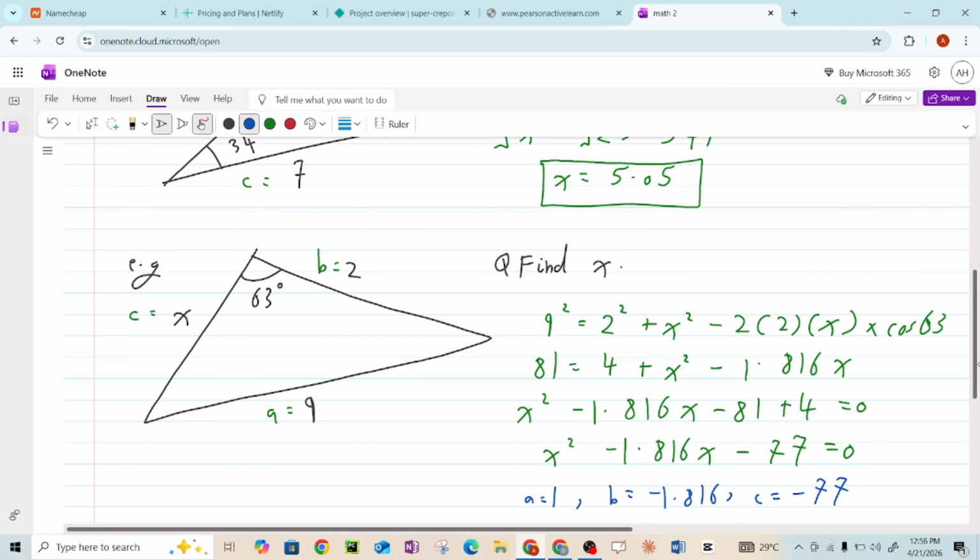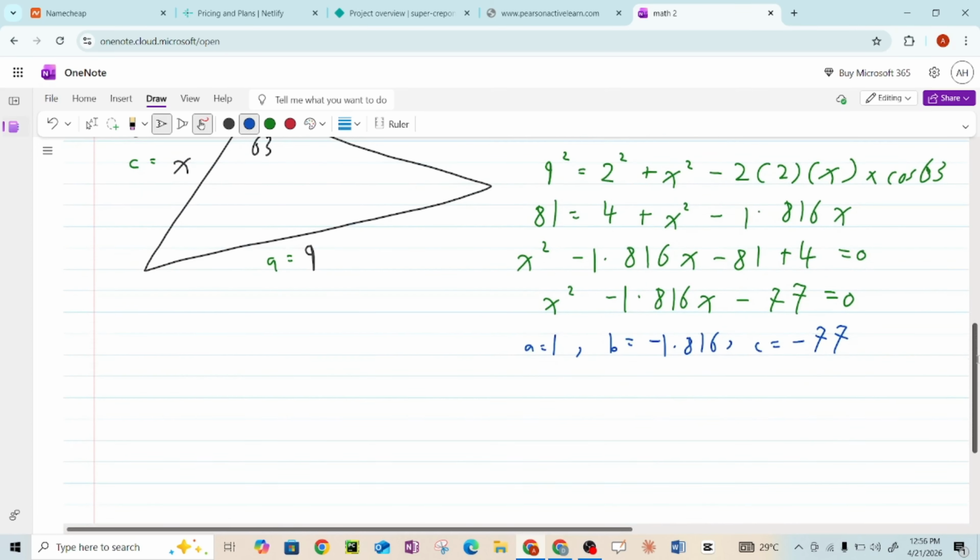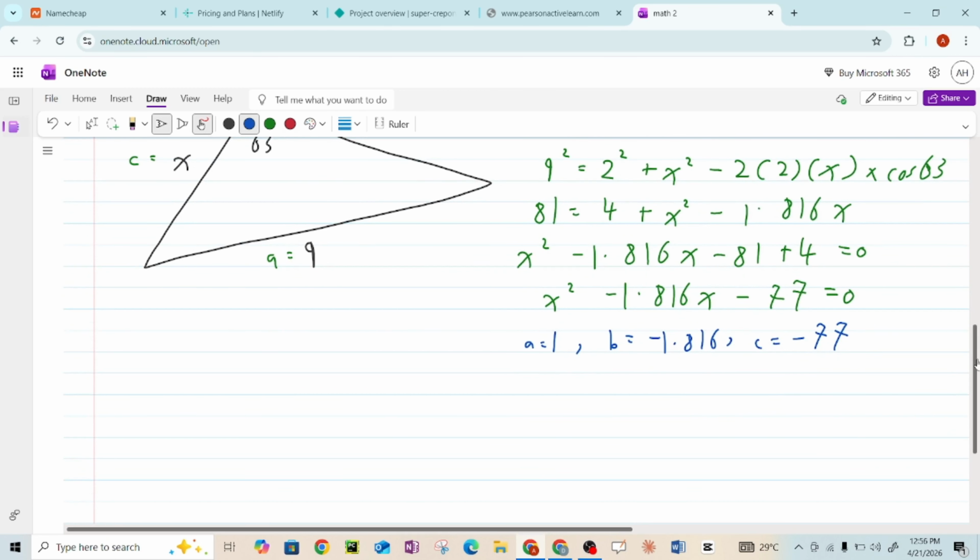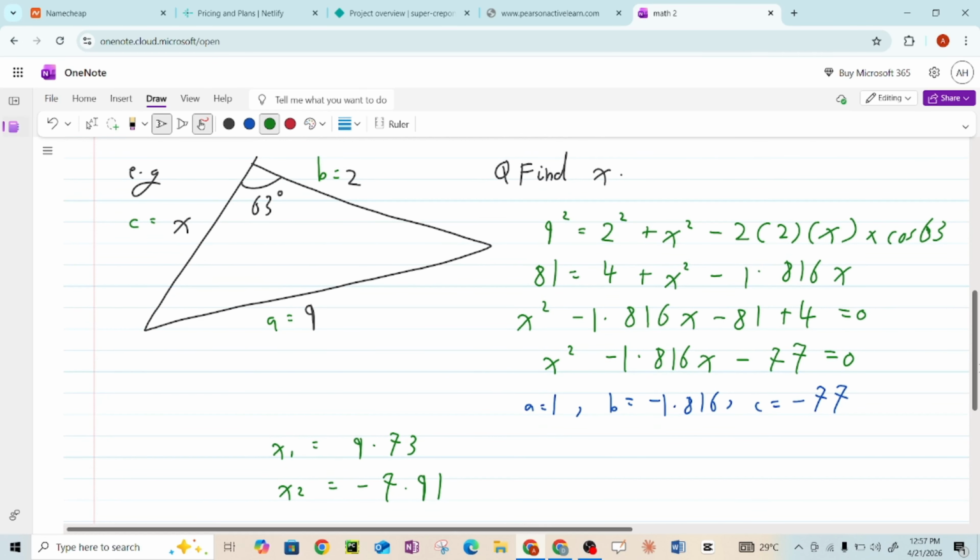One answer is, let me go a bit down, write them down. x1 is 9.73. Okay, and the second answer is minus 7.91. Now, sir, but which do we know is the correct one? I'll tell you. If the sides over here are the sides of a triangle, meaning they're the lengths, can the length ever be negative?